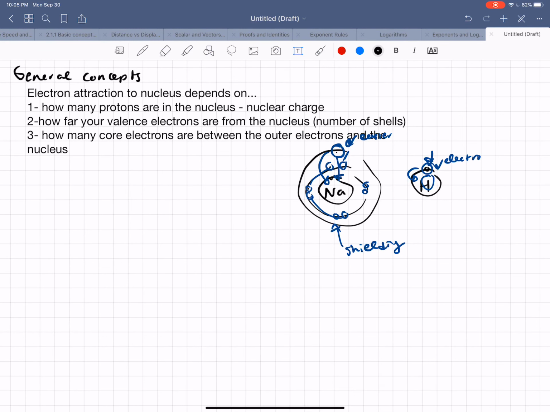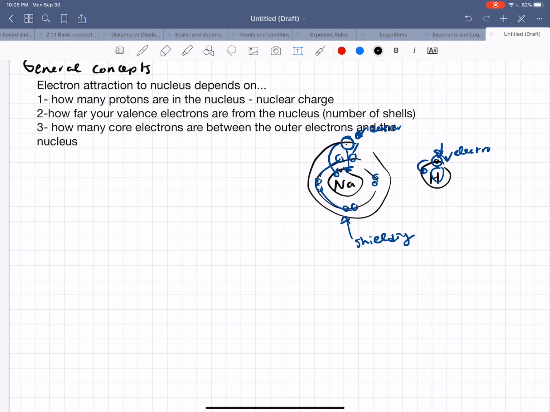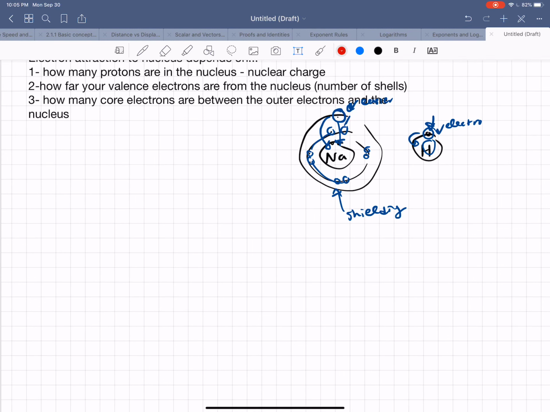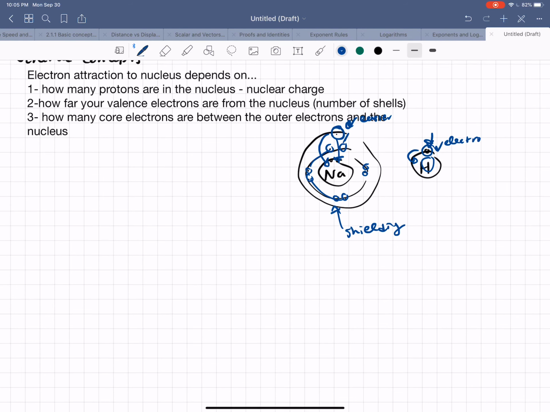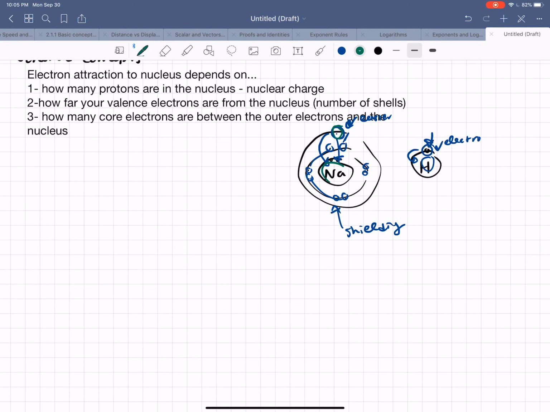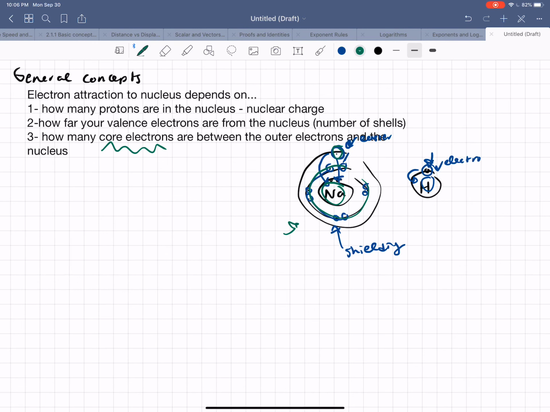Going back to our sodium example, these electrons in between our valence electron and nucleus are called our core electrons, and our core electrons are shielding the valence electrons from the positive charge of the nucleus. The more core electrons you have, the weaker the interaction between your valence electron on the outermost shell and the positive charge of the nucleus.